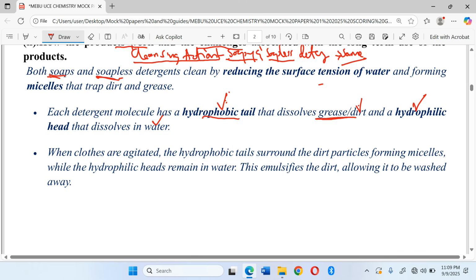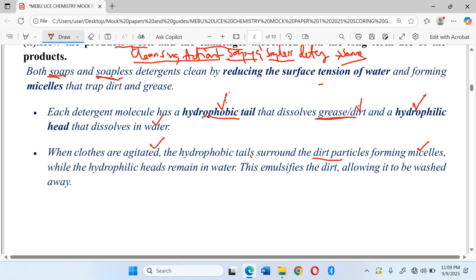Then we continue. When clothes are agitated, the hydrophobic tails surround the dirt, forming micelles.